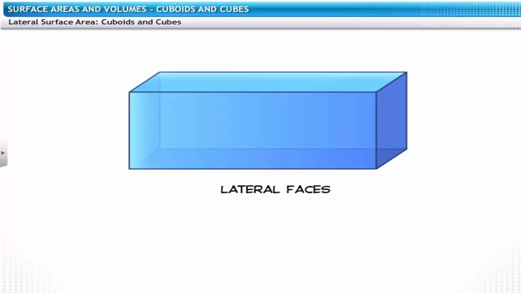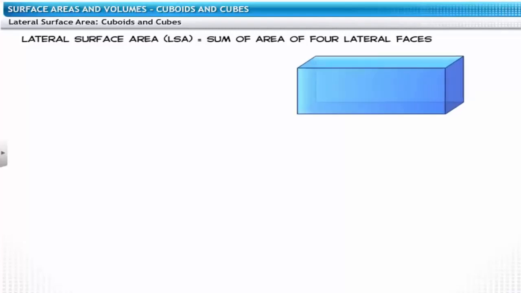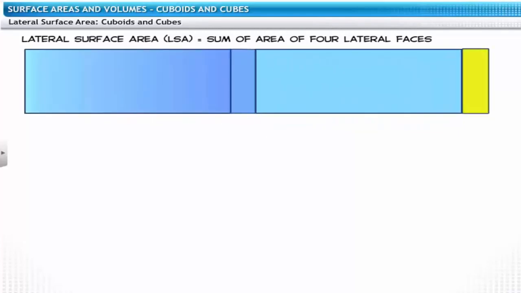If we add the area of the lateral faces, what we get is called the lateral surface area, or LSA, of a cuboid. Now, let's derive a formula to calculate the LSA of a cuboid. To calculate LSA, we have to find the areas of the 4 lateral faces.